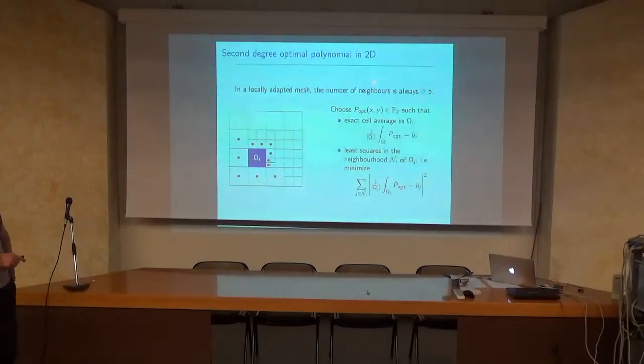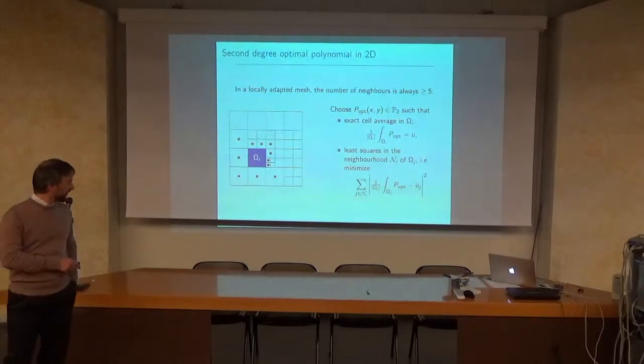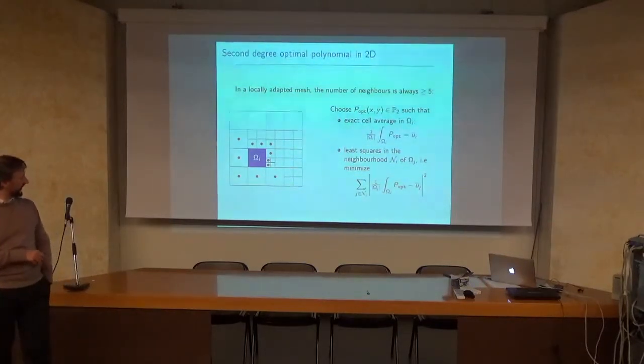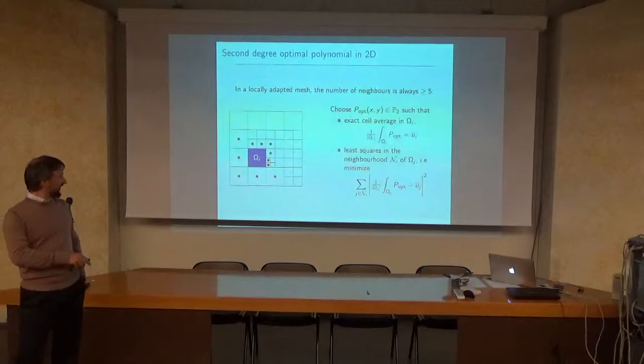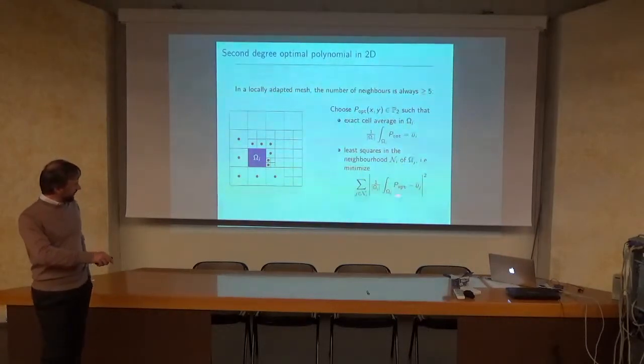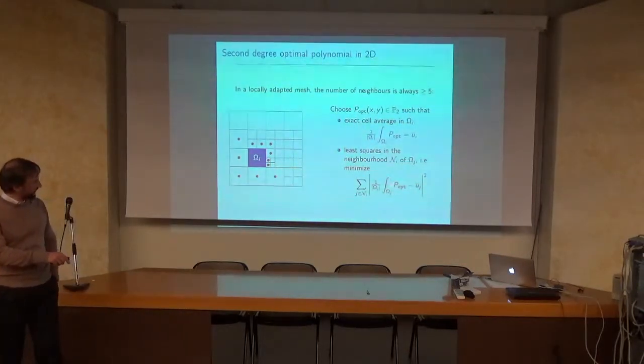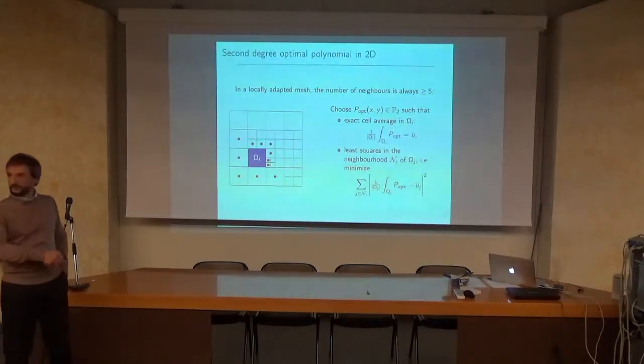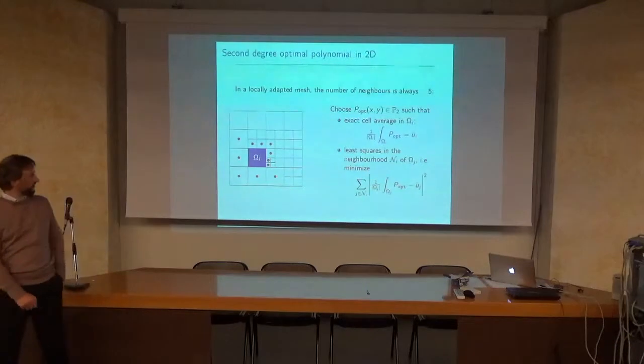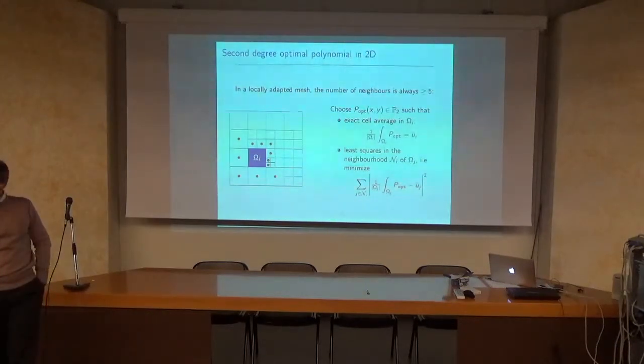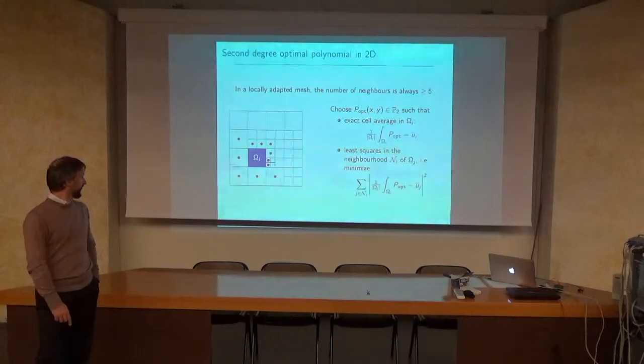So the idea is that our optimal polynomial is defined by requiring that it has the correct cell average in this cell, which is in blue there, which is the cell in which I am computing the reconstruction. And then all the other requirements, so the fact that the optimal polynomial should have the red cell average in each of those neighbors, are just required in a least squares fashion. Okay, so that's the definition of the second degree optimal polynomial.